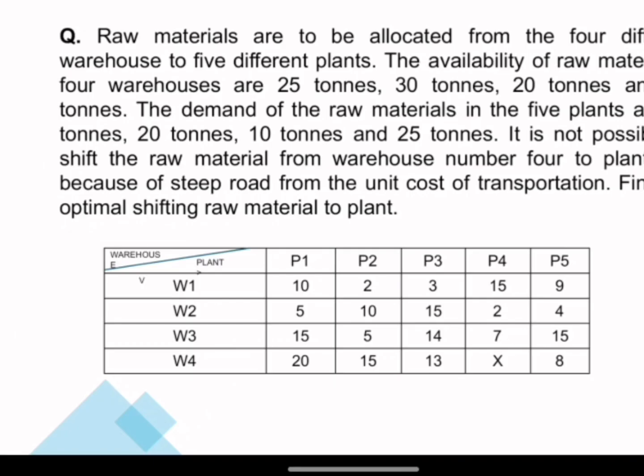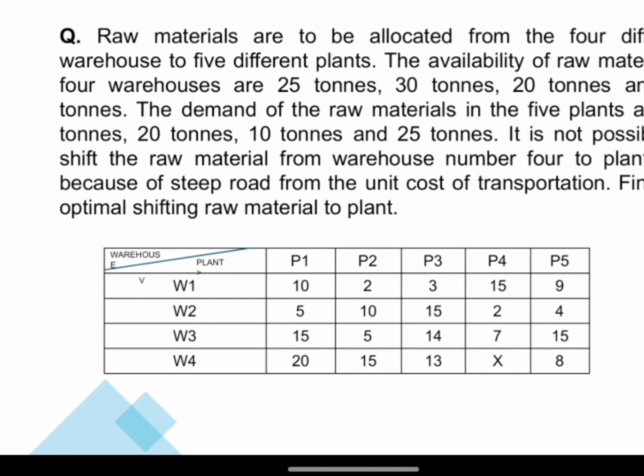Here the question is given that raw materials are to be allocated from 4 different warehouses to 5 different plants. The availability of the raw material in the 4 warehouses is given in tons, that is 25, 30, 20 and 30, while the demand of the raw material in the 5 plants is given as 20, 20, 10 and 25 tons.